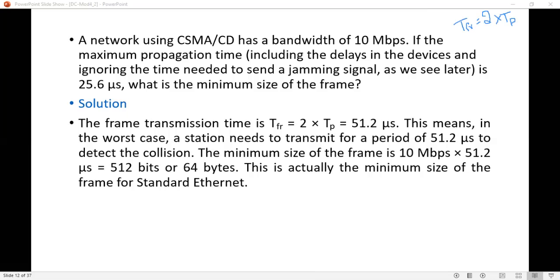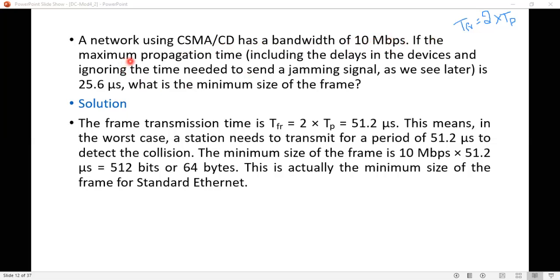Now to understand this, we'll look at a simple example. A network using CSMA/CD has a bandwidth of 10 Mbps, that is 10 megabits per second.